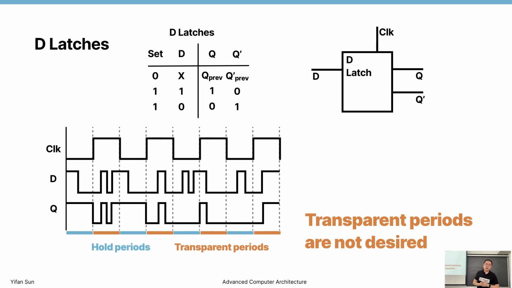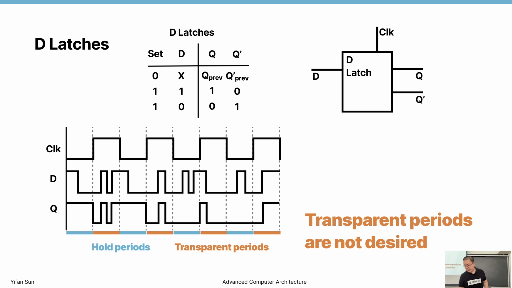Transparent periods are something we do not desire, right? Remember, the problem with combinational logic is it takes some time for the data to converge to a stable state. Anything in the middle can fluctuate and generate some noise, so we cannot tell if the result is useful or not. Although we solved half of the duty cycle to be stable, the other half is not stable.